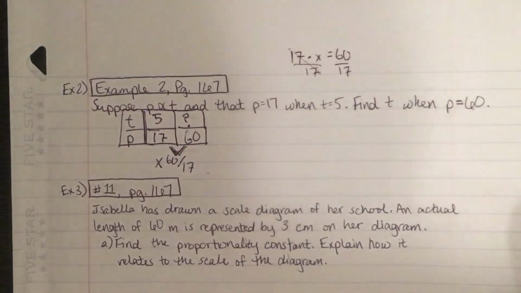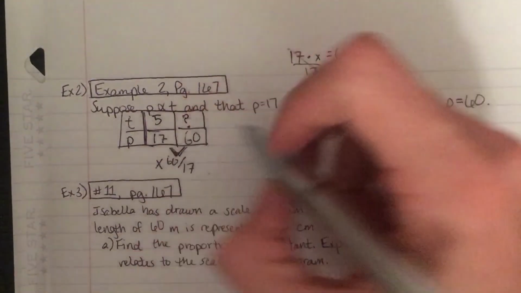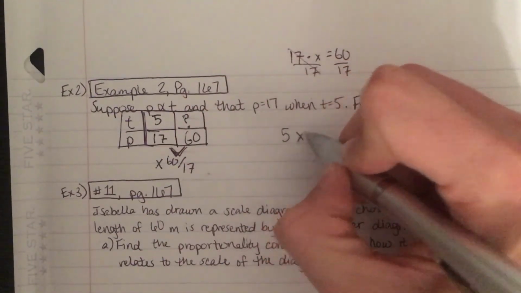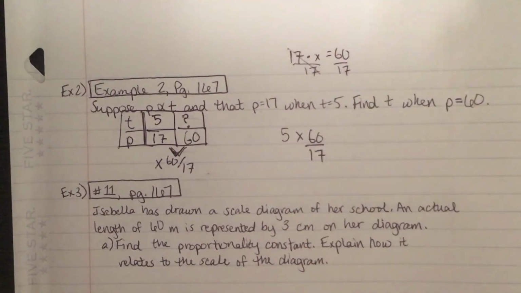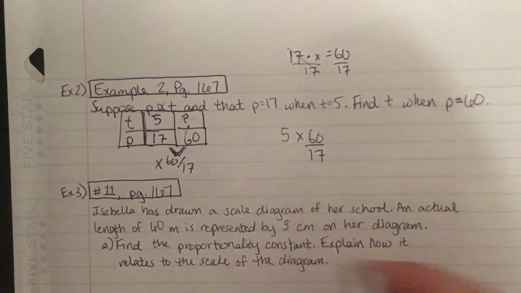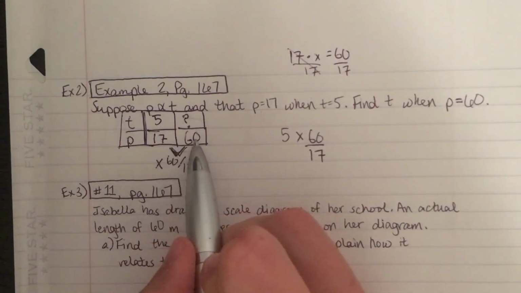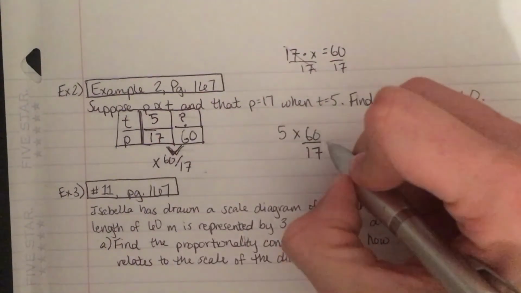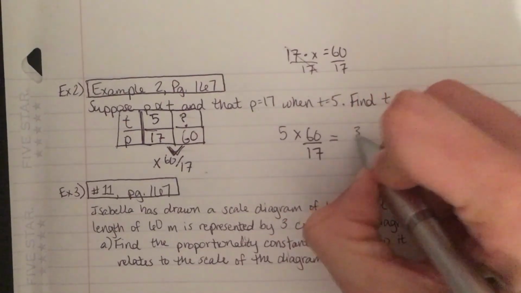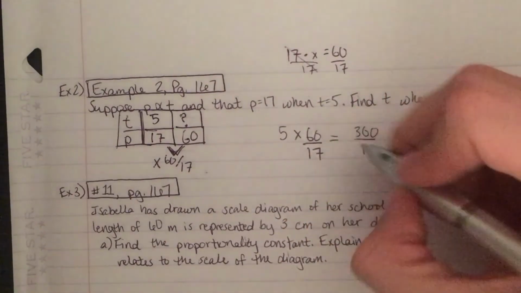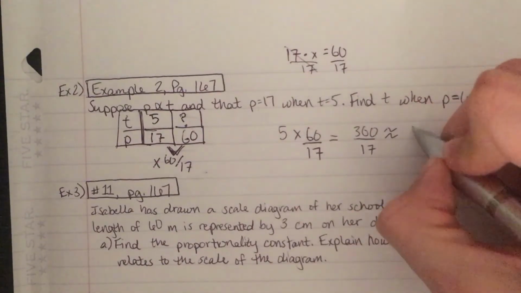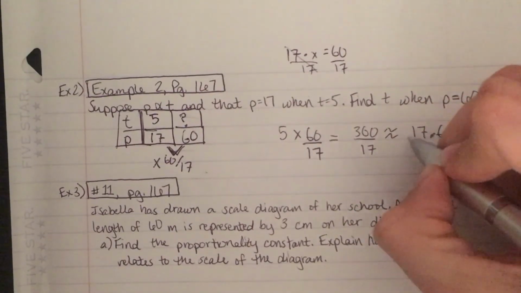So what we need to do is say, okay, we're going to multiply 5 times 60 over 17. And if this does vary directly, whatever I get from multiplying by this is going to give us that missing one. So that's going to be 300 divided by 17, which is approximately 17.6.